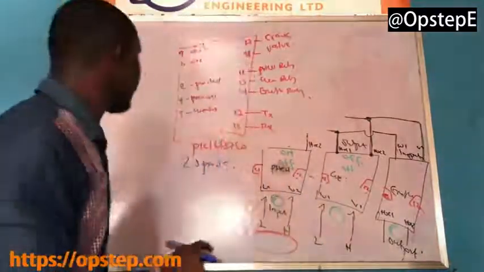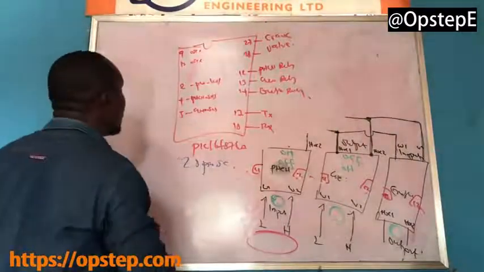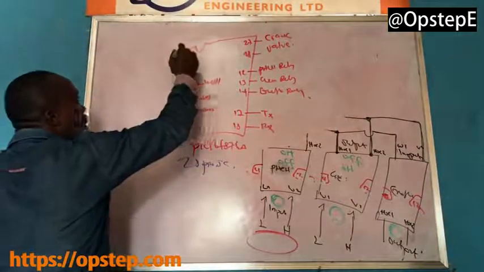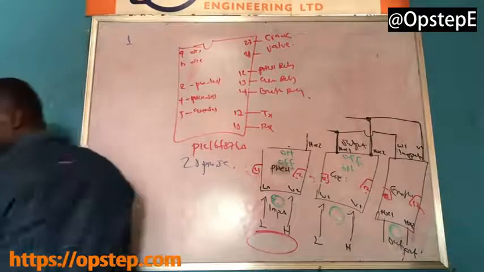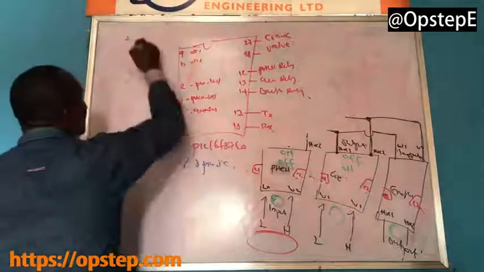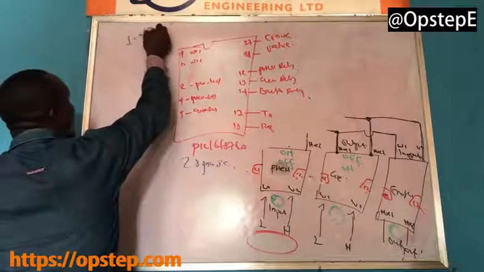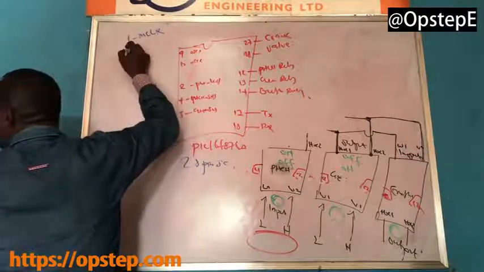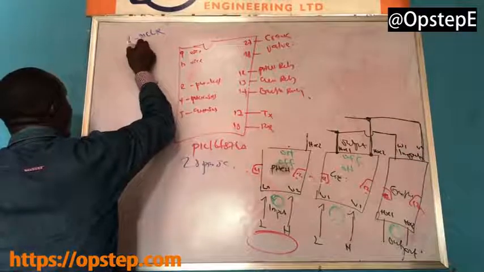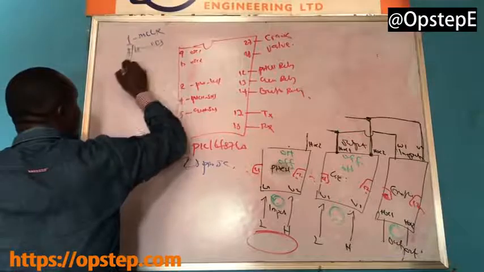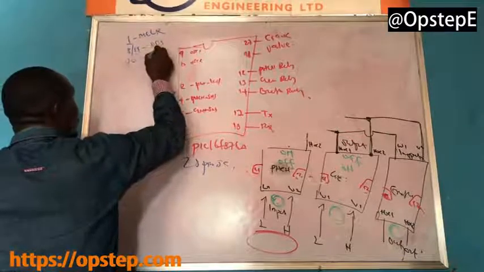For instance, your pin 1 is your MCLR, your pin 8 and 19 is your VSS, your pin 20 is your VDD.